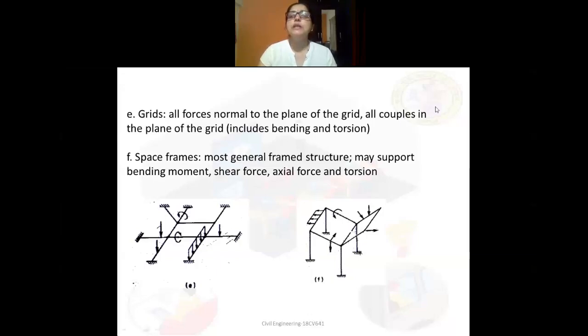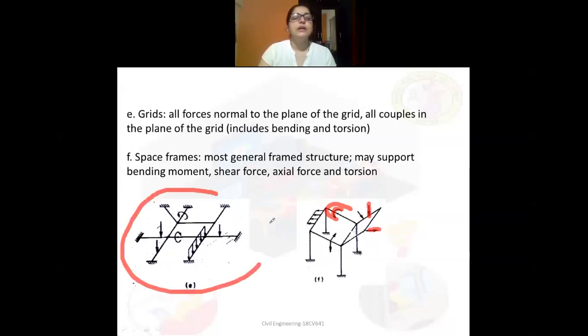So in the figure you can see here, you have a bending moment, you have a shear force, you have an axial force and you have twisting also, so torsion. So it supports bending moment, shear force, axial force and torsion.